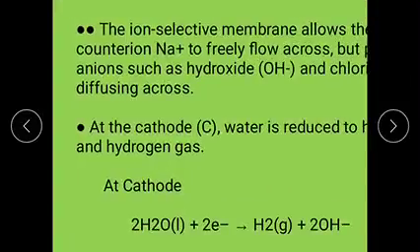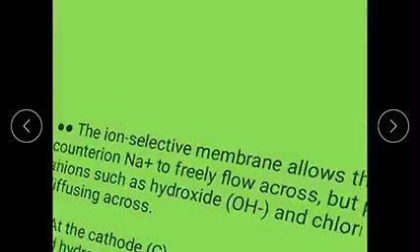The ion selective membrane allows the counter ion Na plus to flow across freely, but anions such as hydroxide and chlorine gas are not allowed to diffuse across. At the cathode, H2O molecules gain electrons and give hydrogen gas plus 2OH minus ions.